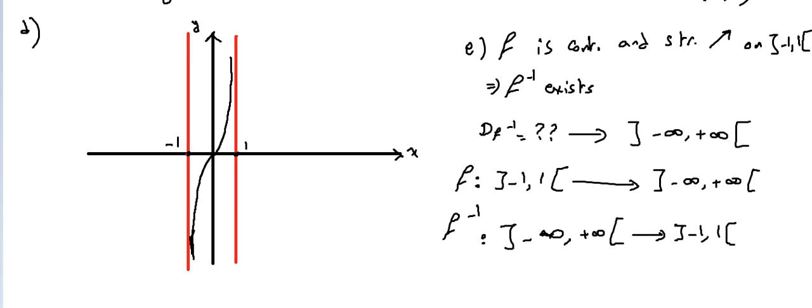First, we draw the line y equal x, which is the first bisector. Suppose this is the line y equal x. The curve is going to be symmetrical with respect to the first bisector.